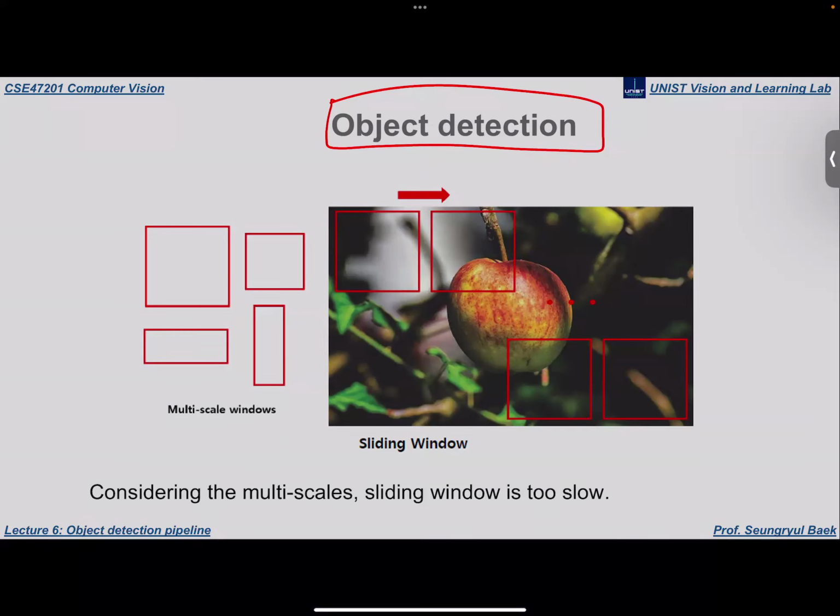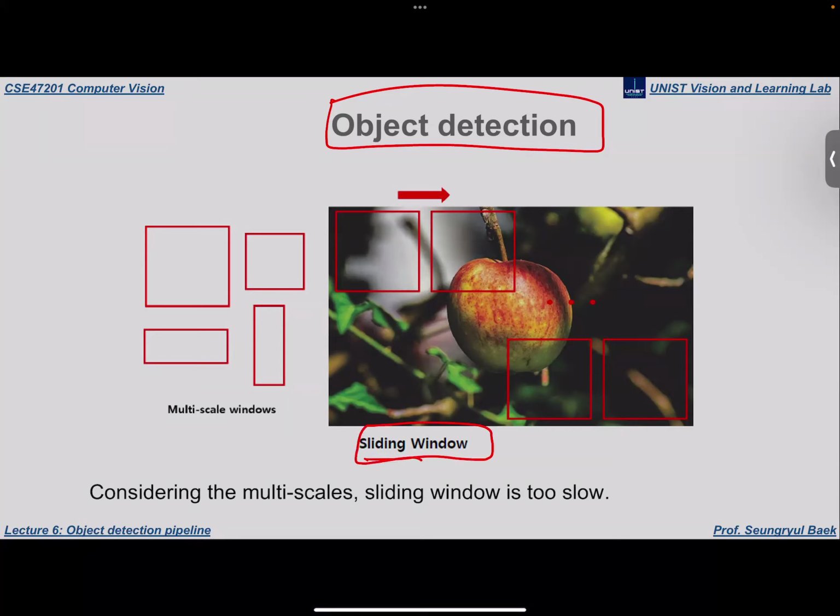I will explain this in a later section. When achieving object detection, there could be a lot of methods. We already learned about the sliding window scheme.